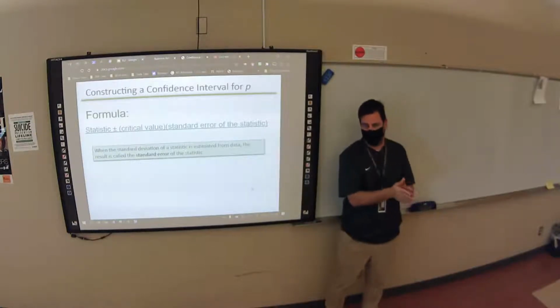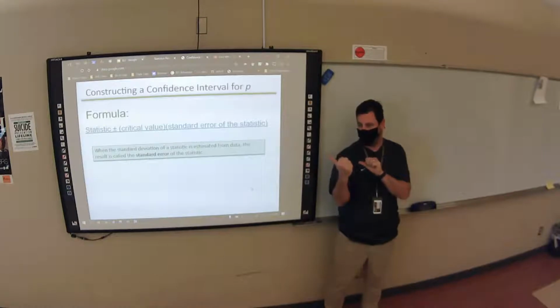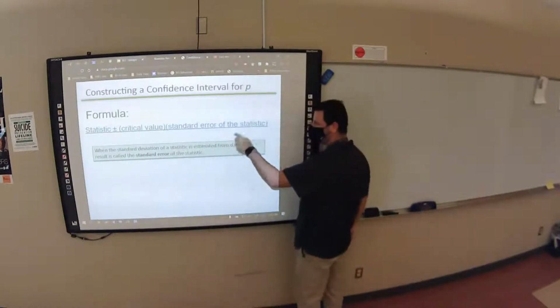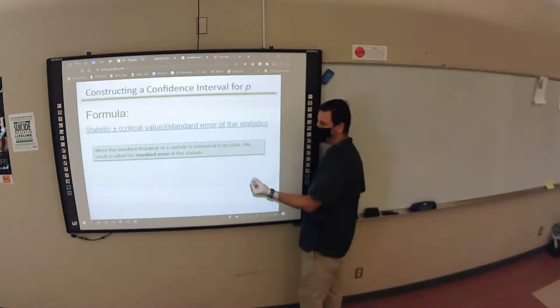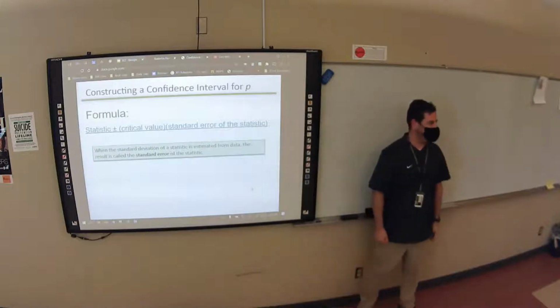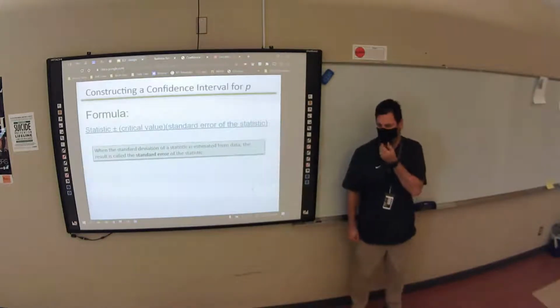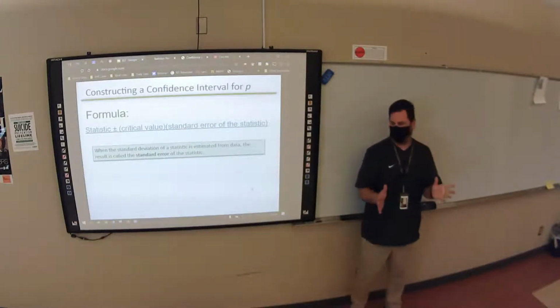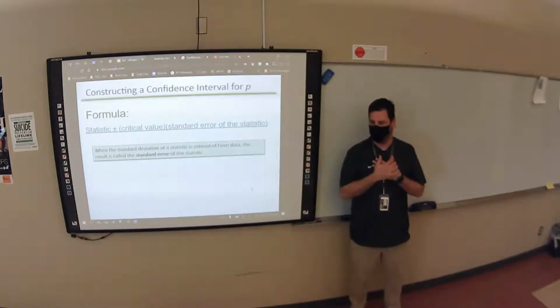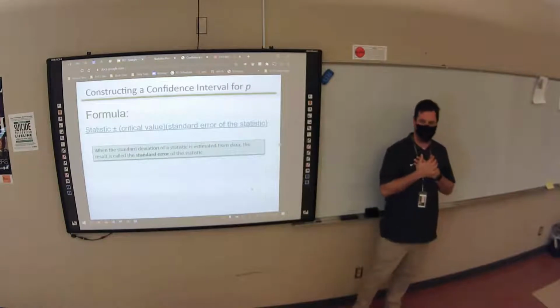If we knew, we wouldn't have to do a confidence interval. So when we have to estimate it, they call that a standard error as opposed to the standard deviation. It's just terminology. In fact, I will still probably use standard deviation a lot. If you catch me doing that, please try to correct me and say standard error.